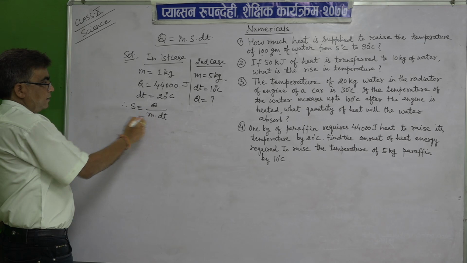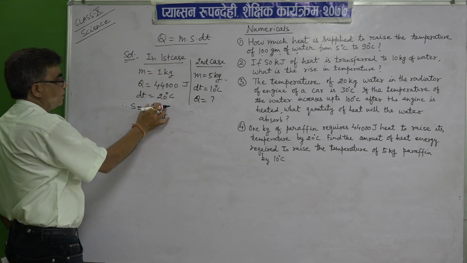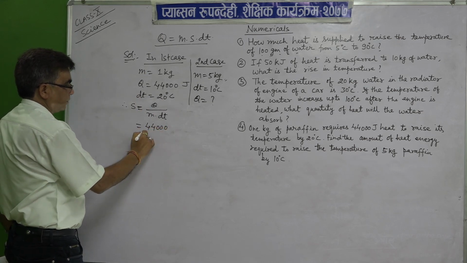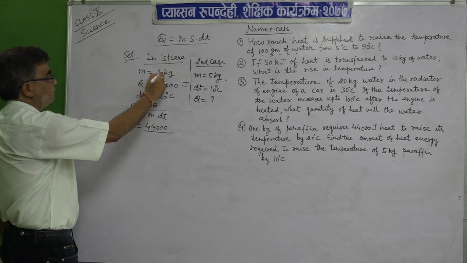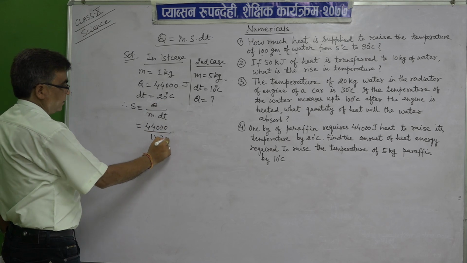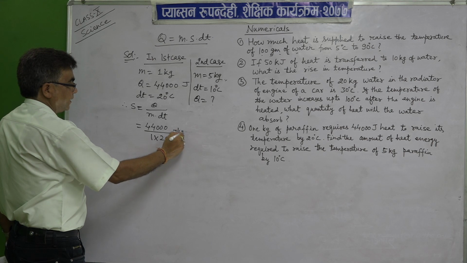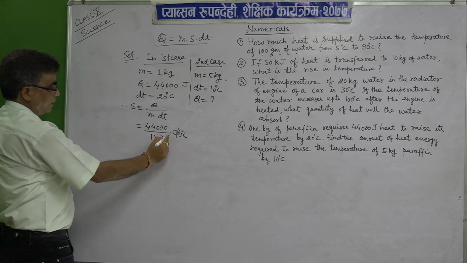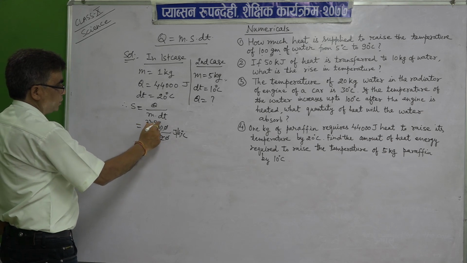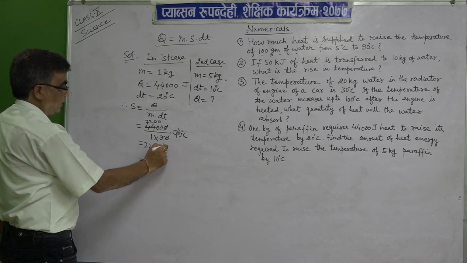This is clear. From here it has come. The value of q is 44,000 upon m, m is 1, into dt, dt is 20. S, the SI unit is joules per kg degree centigrade, and if you calculate it, it will come 2200 joules per kg degree centigrade.